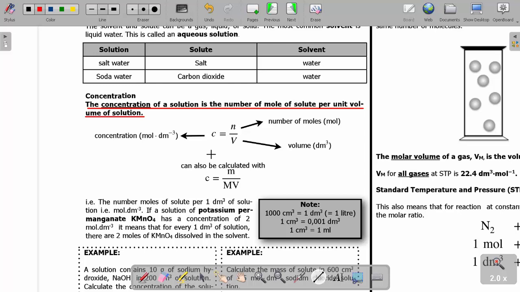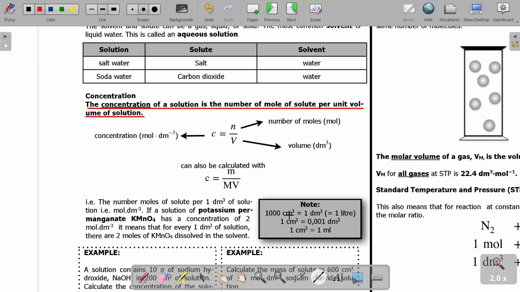And you can also get it using the formula C equals mass over molar mass times V. So in this case, the number of moles of solute per 1 decimeter cubed of a solution, that's a mole per decimeter cubed. If a solution of potassium permanganate, for example, has a concentration of 2 moles per decimeter cubed, it means that for every 1 decimeter cubed of solution, there are 2 moles of potassium permanganate dissolved in the solvent.